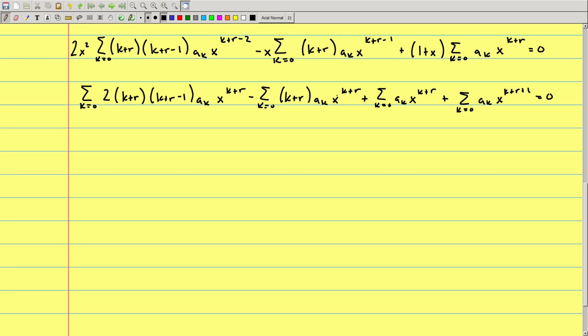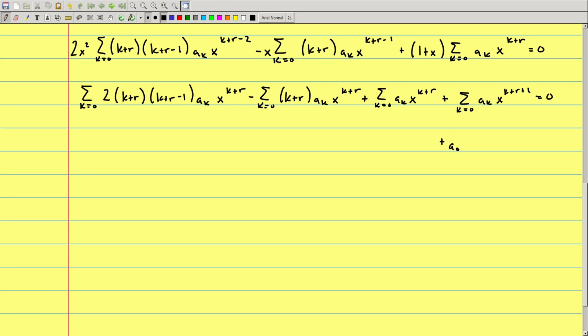All right. So now that puts us in a position where these sums are easy to combine, but this thing I still have to play around with. Okay? Because it doesn't have the x to the k plus r. And so what we're going to need to do here for this term is rewrite it, splitting off the k equals 0 term.